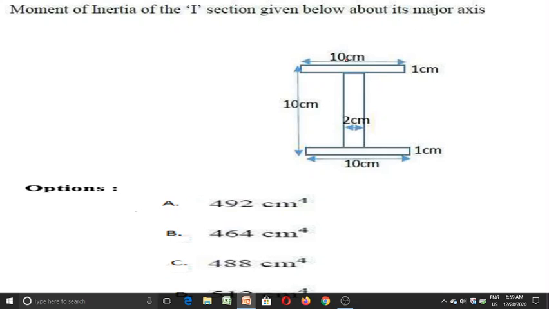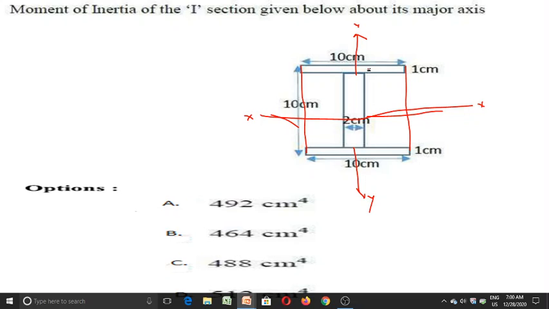As for this I section, if you observe, it is symmetric about the y axis and it is symmetric about the x axis. This is the xx axis, and this is your yy axis, right? As it is symmetric about both the axes, to calculate the moment of inertia of this symmetrical I section, first we have to convert this whole section into a rectangular section.